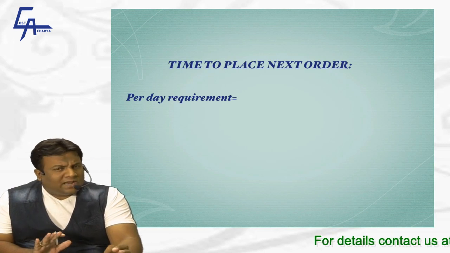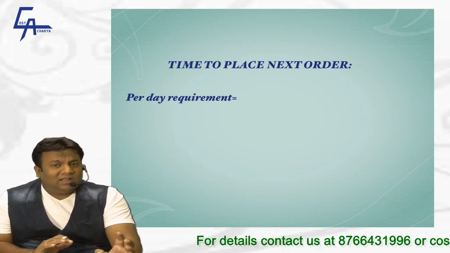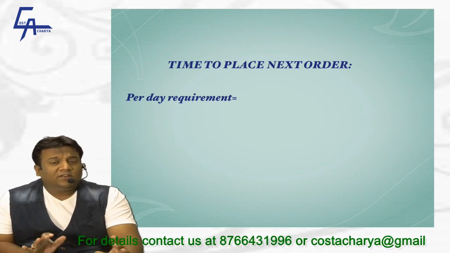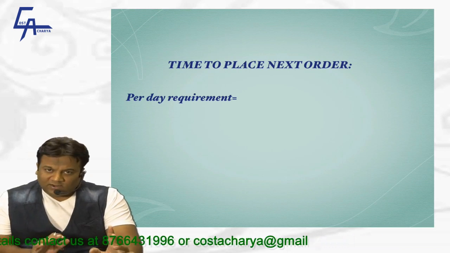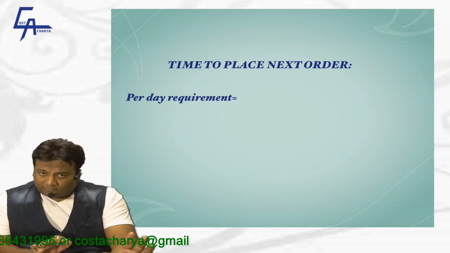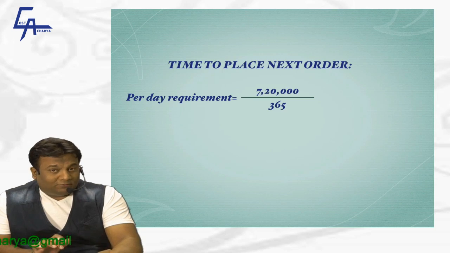Okay. Now you should take 360 as they have asked, but at the same time, I am taking 365 just to show you that it won't make any difference whether you take 360 or 365. However, if they have asked 360, then you should take 360. I'm just showing that even if you take 365, it won't make any difference. Alright. So see here, 7,20,000 divided by 365.